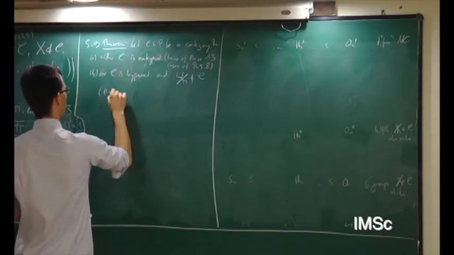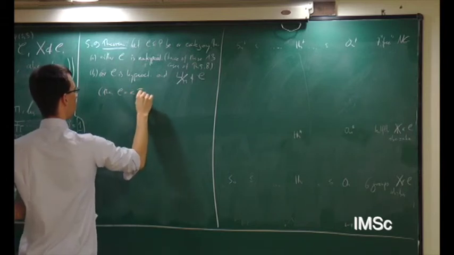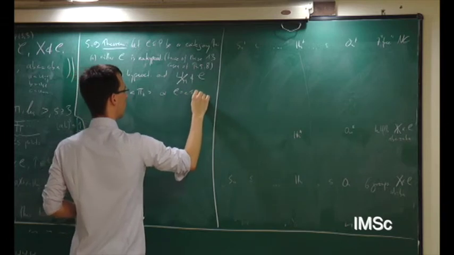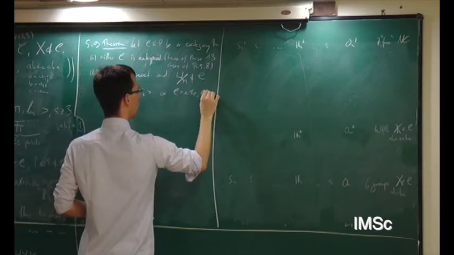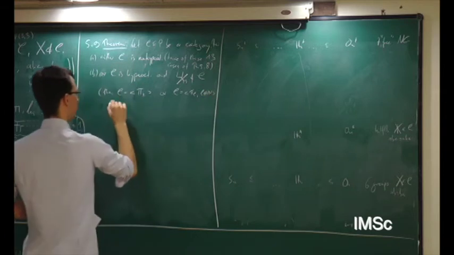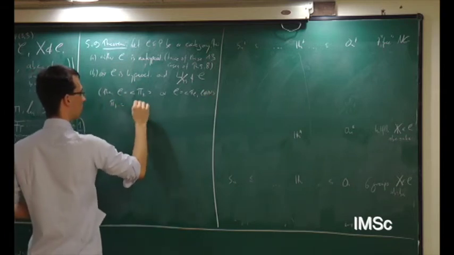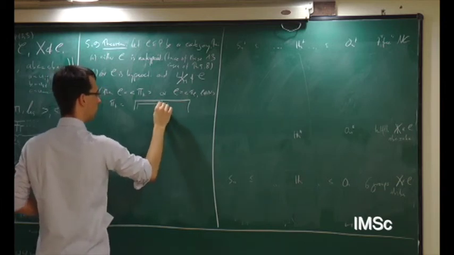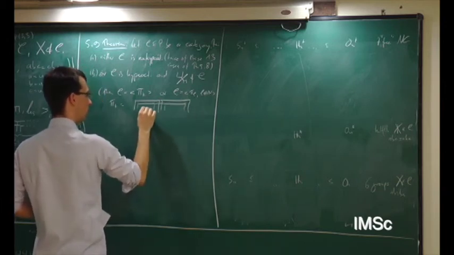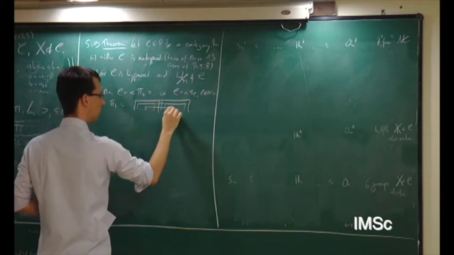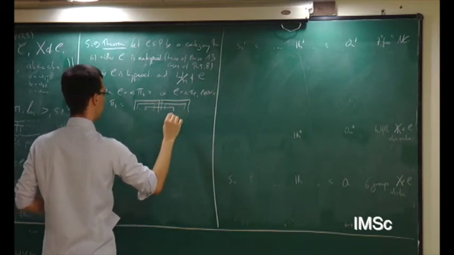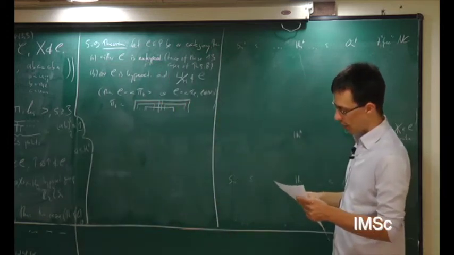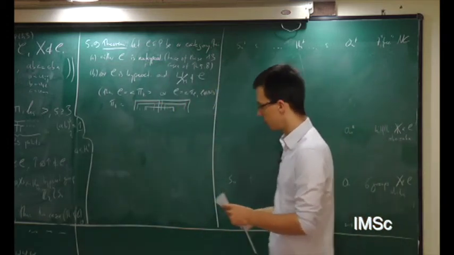Then C is of the form pk or pl for all l in N, where pk is this partition. So it's hyperoctahedral and a partition of this form.